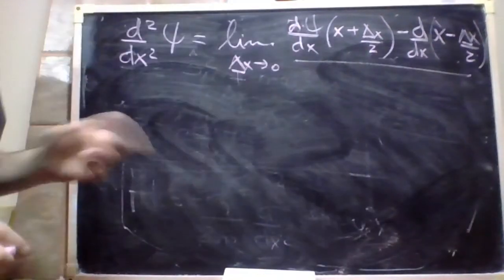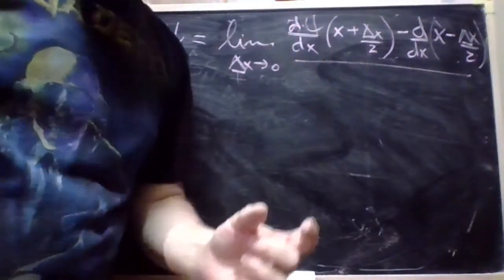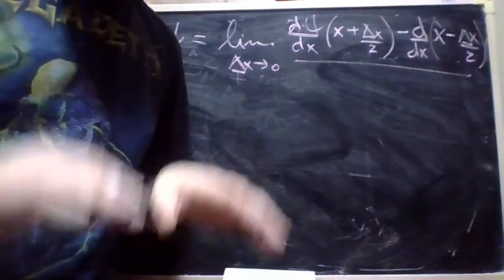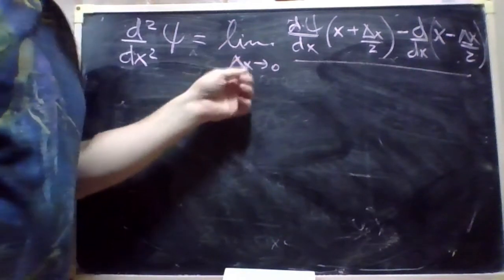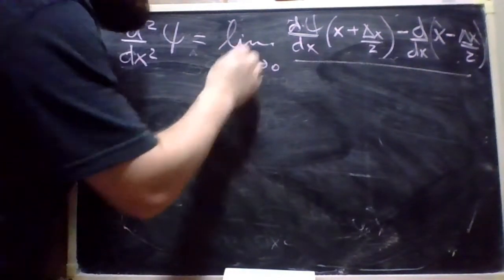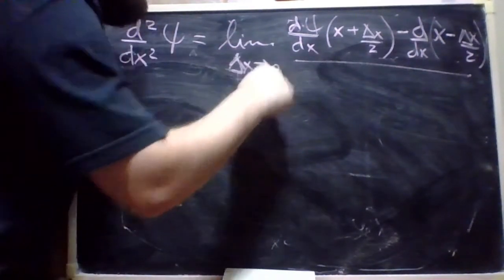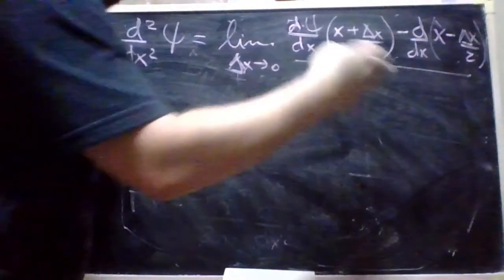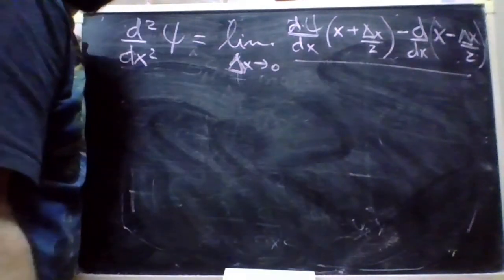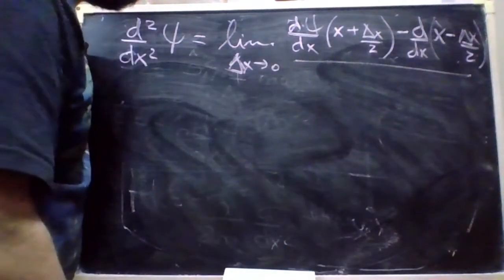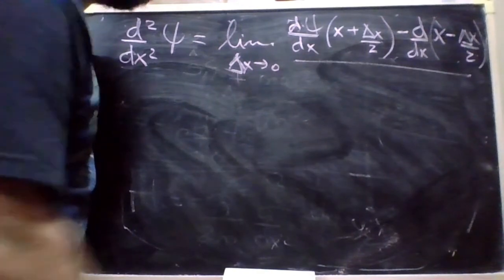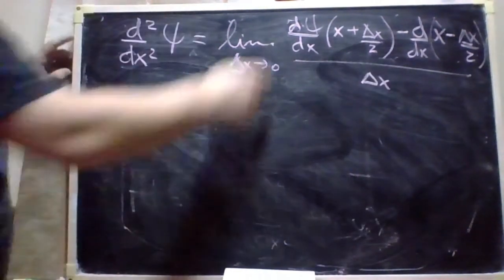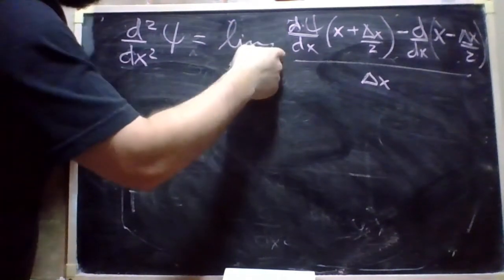But in computers, remember, if you define a delta x over 2, it does not exist. When you are in abstract language, you can always go to the limit, and that's perfectly fine. But in computers, you need to know what points are represented in your computational domain. So this is divided by delta x. So you see that here comes 1 over delta x squared.